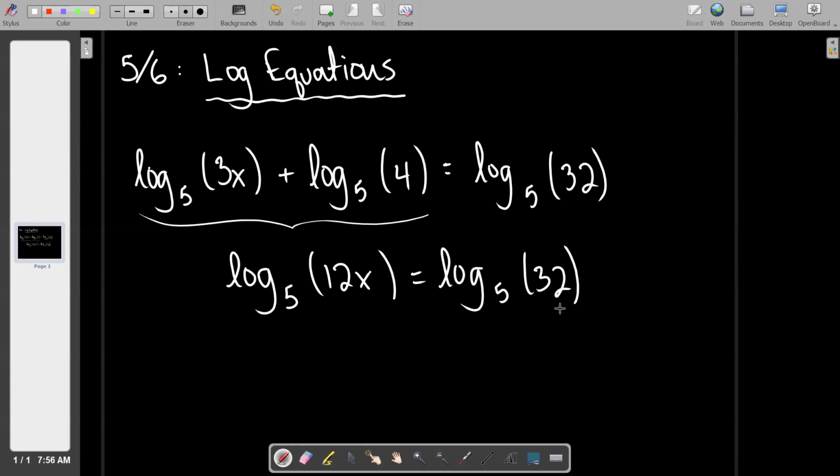So this is one new topic for the day. These will become your favorites because you don't have to convert these using the water cycle. There's a property in math that if you have logs on both sides of the equation, you can actually just drop the logs completely out. In this equation, the logs become irrelevant because the log base 5s match.